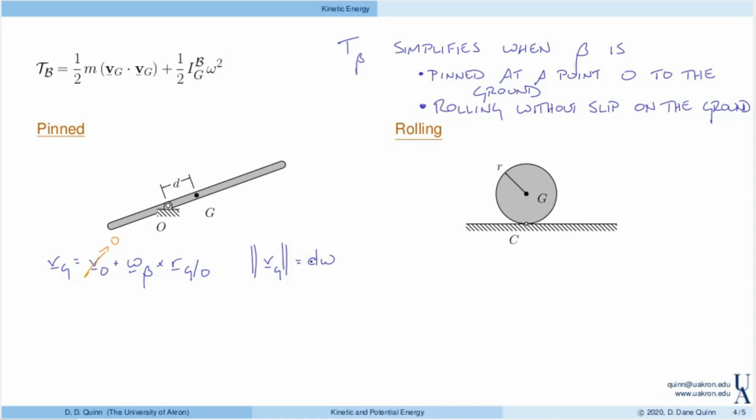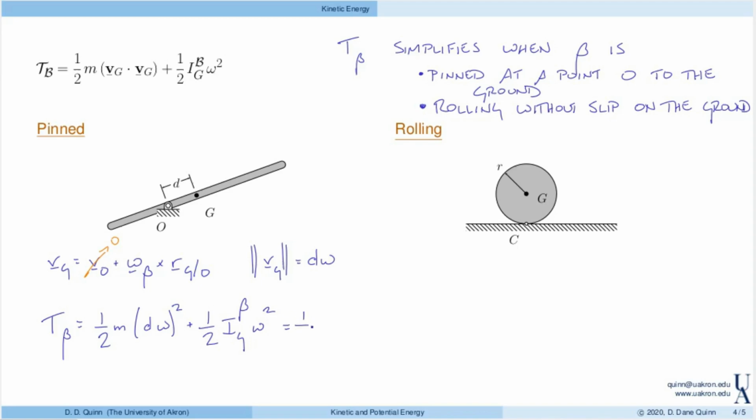And so when I go back up into the expression for the kinetic energy, we find that T is 1/2 m. Now, again, this is speed squared, so that's just d omega squared, plus, and then the last term stays the same, whatever the moment of inertia is, times omega squared. Well, both of these terms have an omega squared, right?